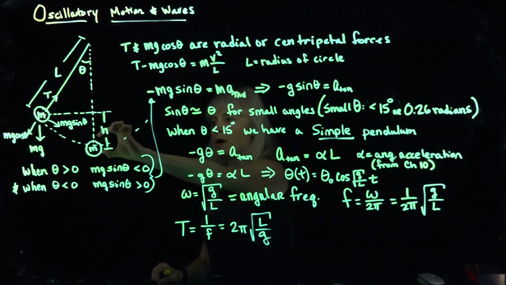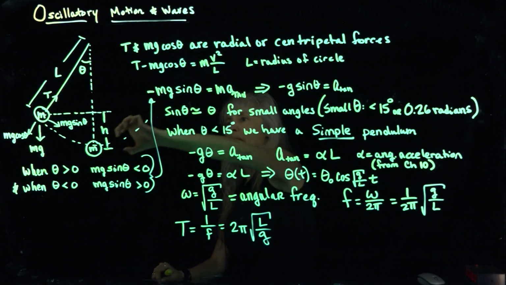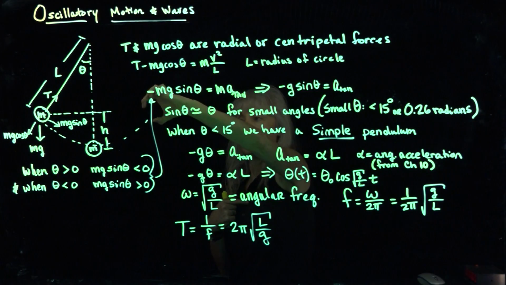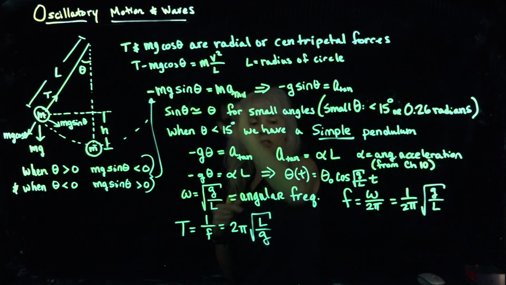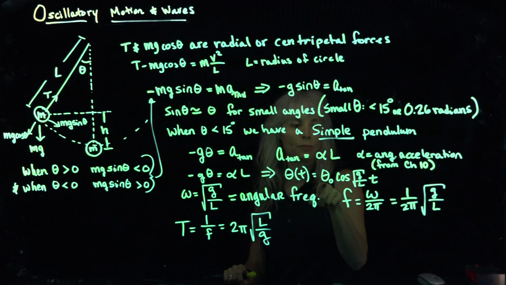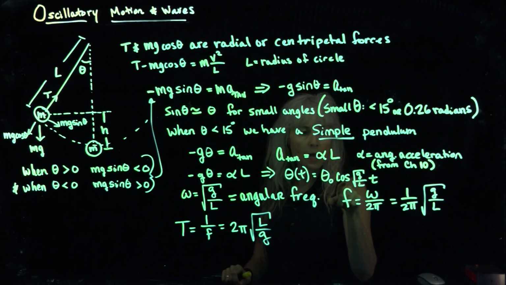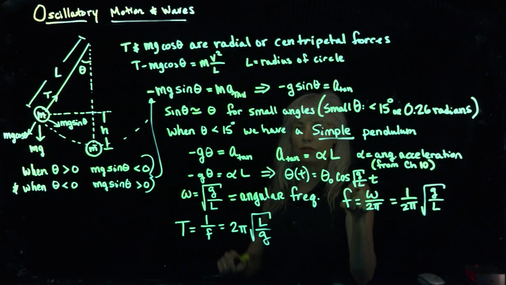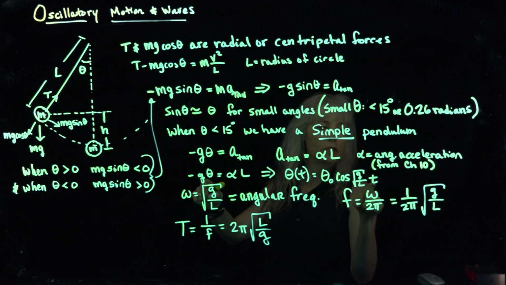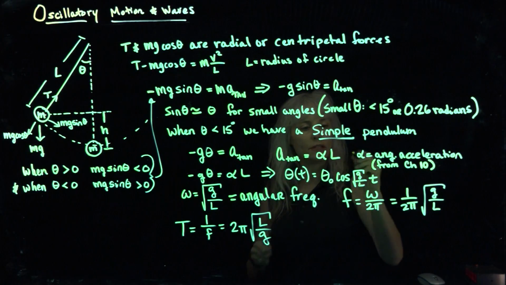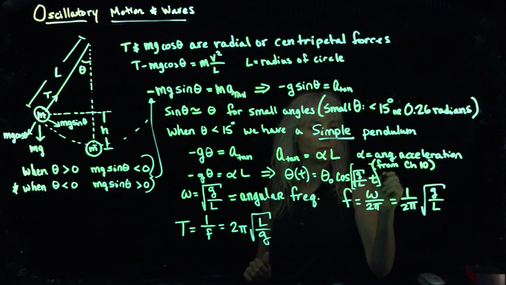This would correspond to the mass pulled out that I release from some maximum angle. That would be the maximum angle times the cosine of the square root of g on L times time.